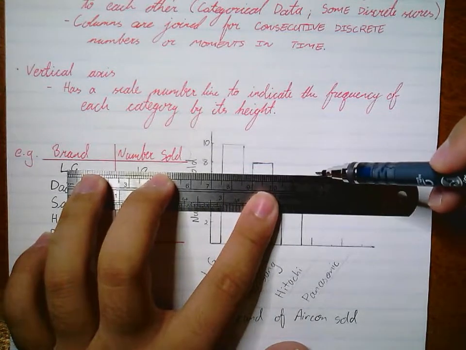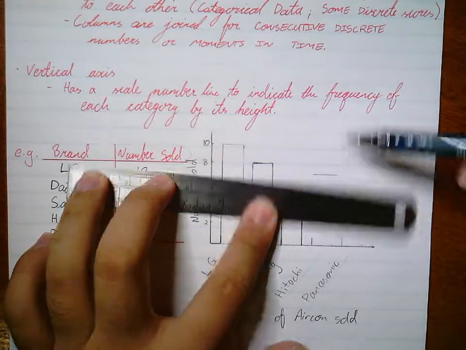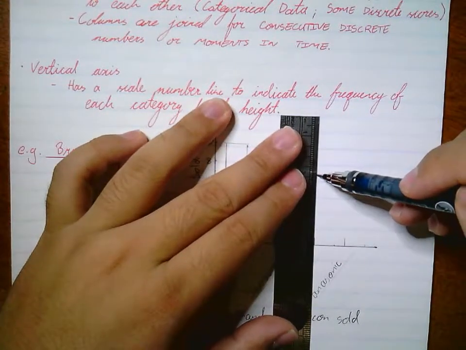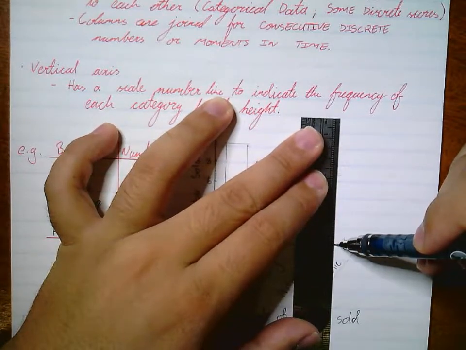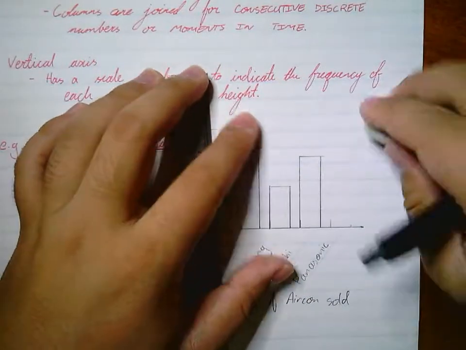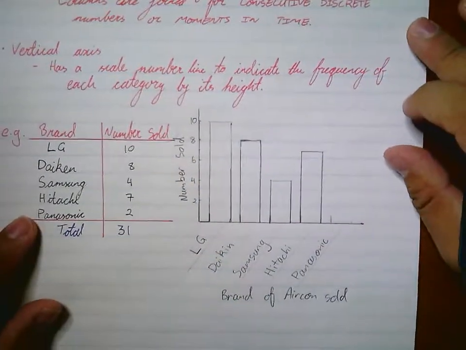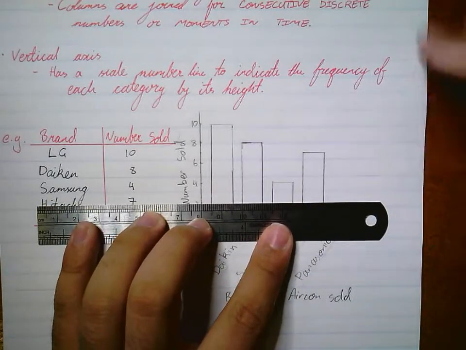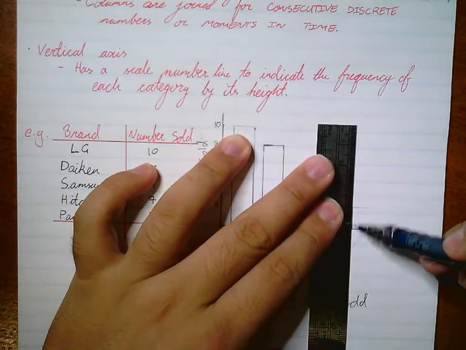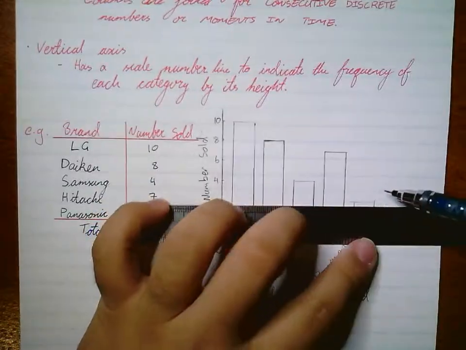And this will give us exactly where the 7 is. And finally, we have Panasonic with only 2. Got a line there to indicate whereabouts it is, and we'll just join it down to the bottom.